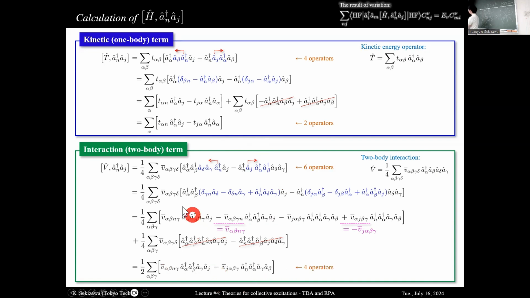For this two-body term, you had 6 operators at the beginning, but because of one interchange of annihilation operators, you end up with 4 operators. In this way you can reduce the number of operators a bit. Of course, you don't have to do that, but it will make the calculation complex, so it is better to reduce the number of operators beforehand.